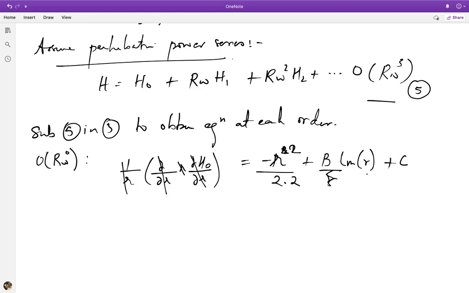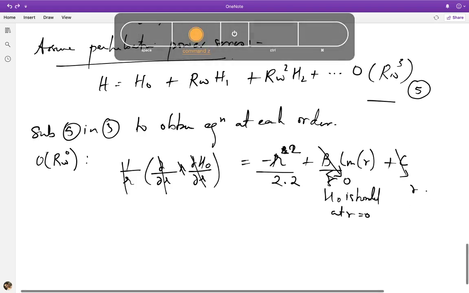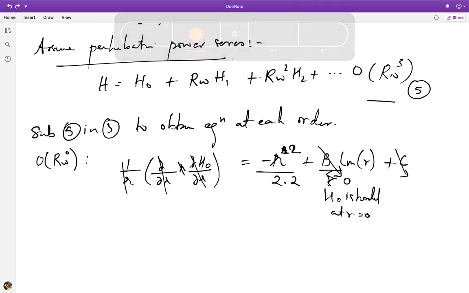Now if I apply the fact that h naught should be bounded at 0, I must have b going to 0, because h naught is bounded. And correspondingly, because h naught must be 0 at r equal to 1, c must be equal to, so if r is 1, this side is 0, this side is just minus 1 by 4, so c must be equal to 1 by 4.